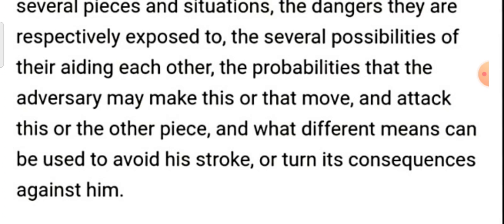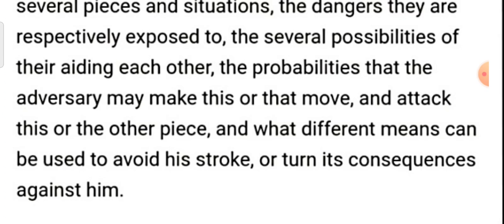And what different means can I use to avoid his stroke, or turn the consequences of my play against him?